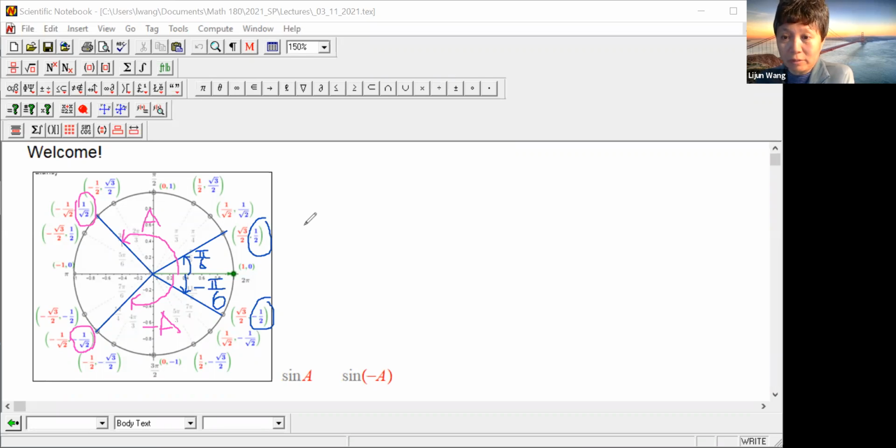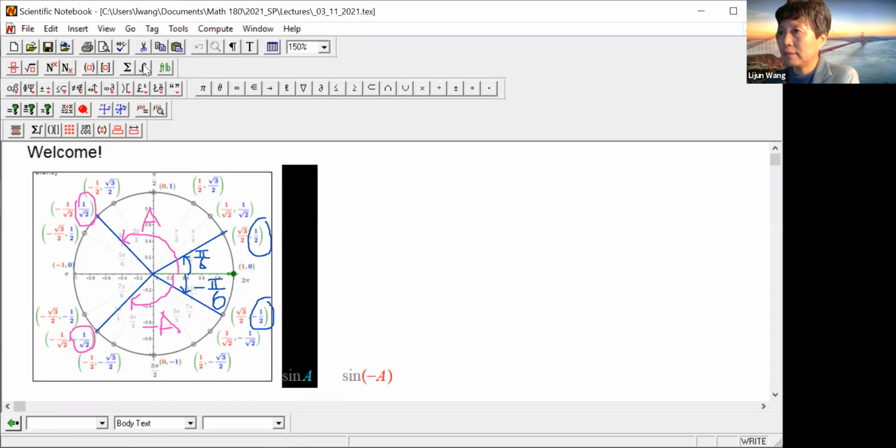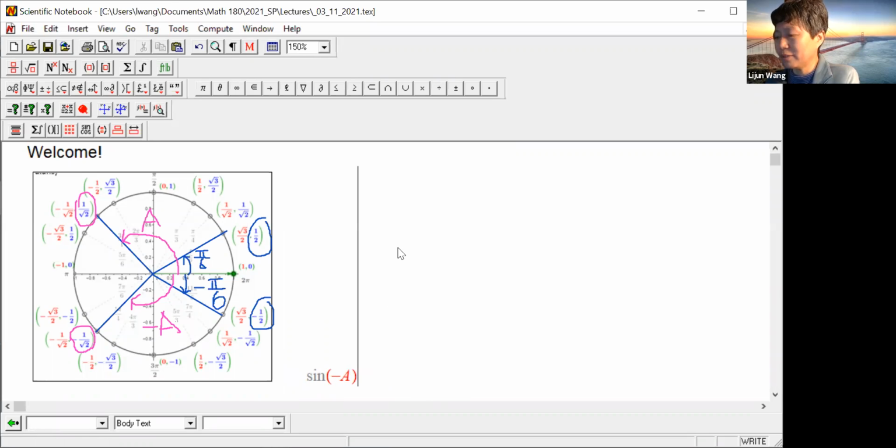Of course, we're not finished yet. So you can see from that unit circle, you can also see even odd. So now let's look at cosine. Okay. So sine of negative A equals, you can write it any way you want, really.